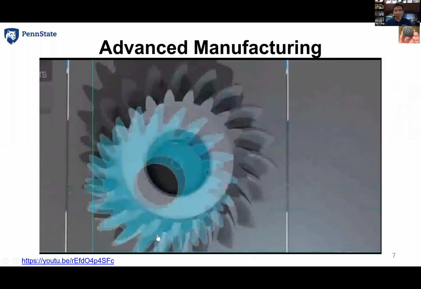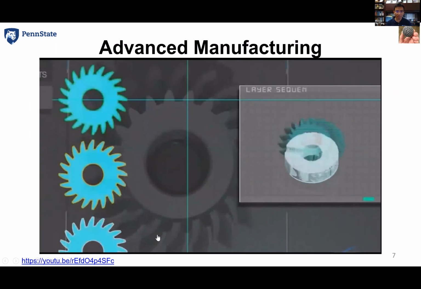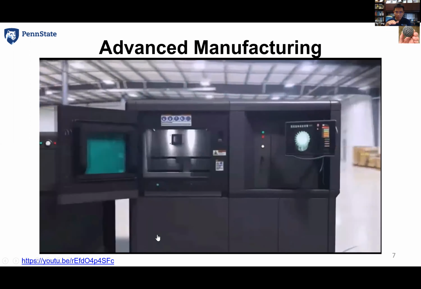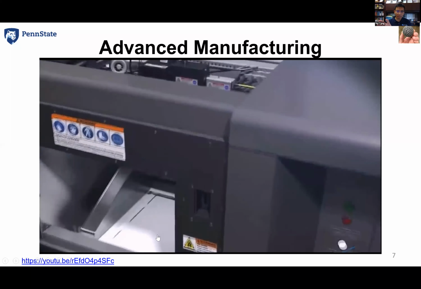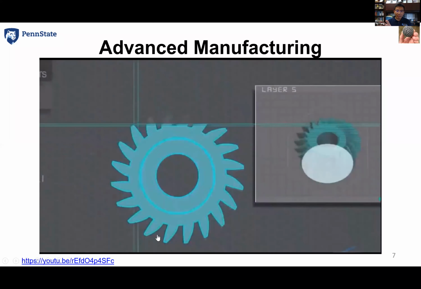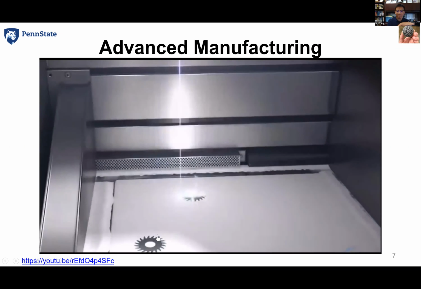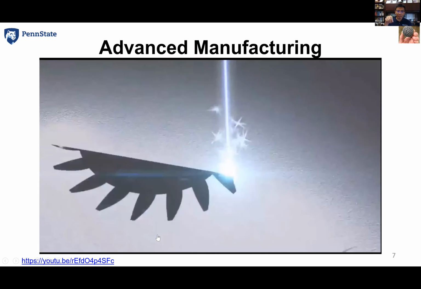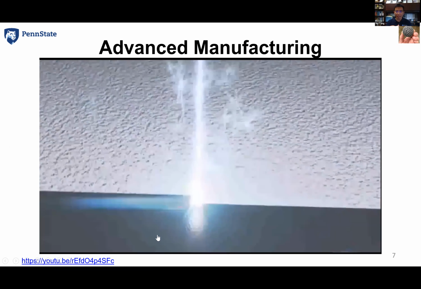For those who are not very familiar with additive manufacturing, let me give a brief introduction. You have a design and you cut it into a layered sequence. Then you put this design into the 3D printer. You use a coater to spread a layer of powder, which could be metal powder. Now you use a laser to fuse the powder together to form one layer.